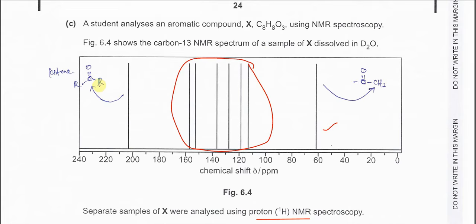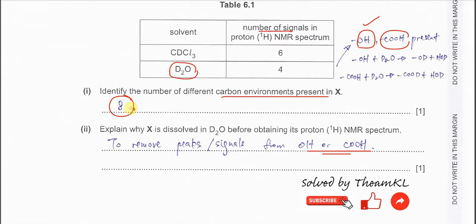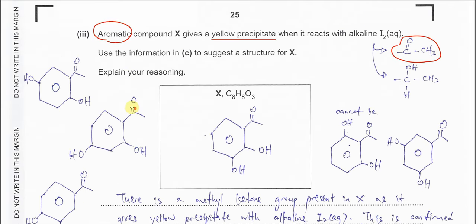This is the carbonyl carbon signal. So we are quite sure it's a methyl ketone, not the alcohol group, not the CHOHCH3. Right, this one is out.